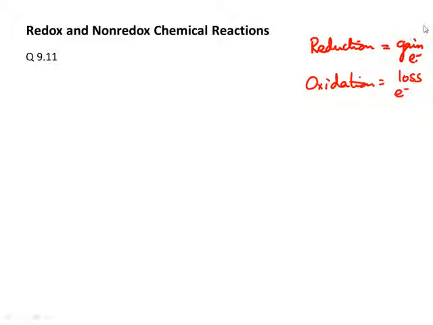Okay, so let's look at this problem 9.11, which says determine the oxidation state of each of the following. As far as cations are concerned, the oxidation state of metals equals the number of electrons that they lost, and the oxidation state of nonmetals equals the number of electrons they gained if they made an anion. Please also remember, as it specifies in section 9.2, the oxidation state of elements, whether they are atomic or molecular elements, is always 0.